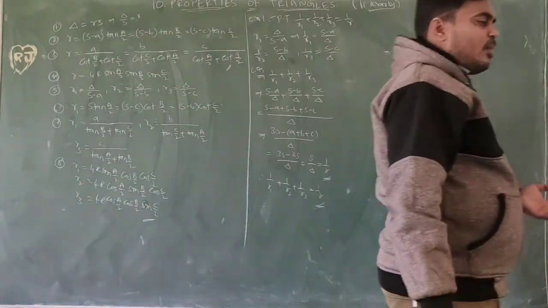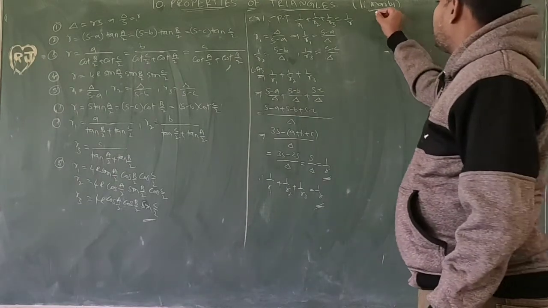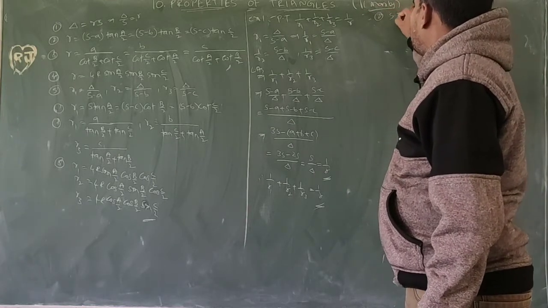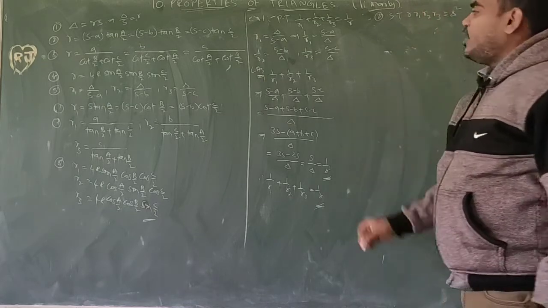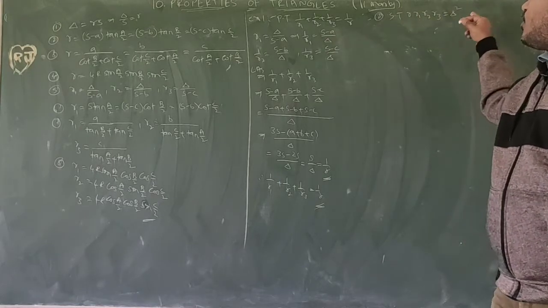So this formula is useful and the simplifications are also important. So we must remember this formula also. And one more is the second example. Example 2: show that r, r1, r2, r3 equal to delta square. So we need to prove r r1 r2 r3. This formula is also important.